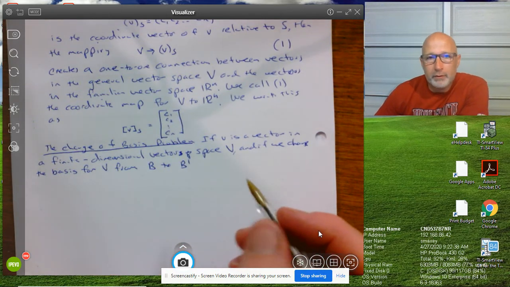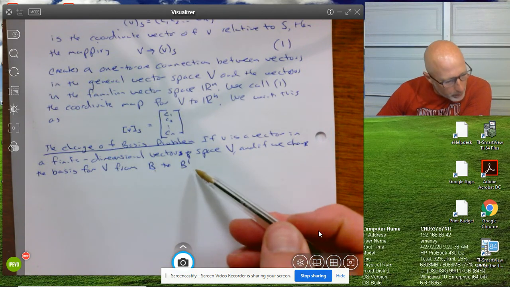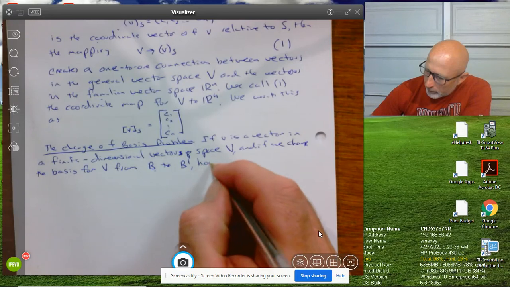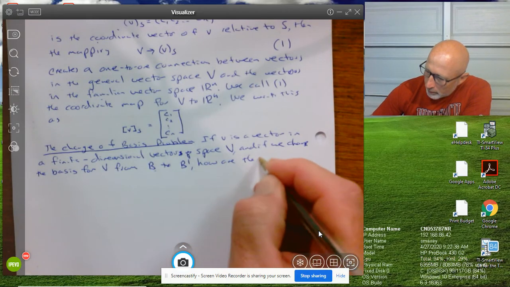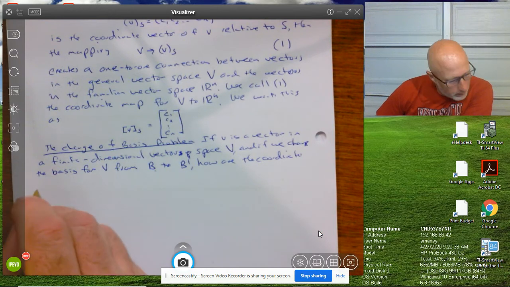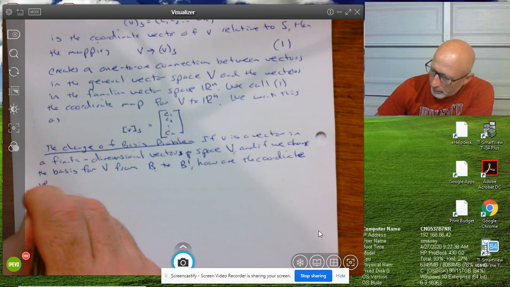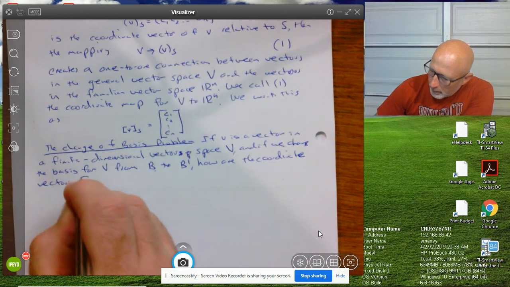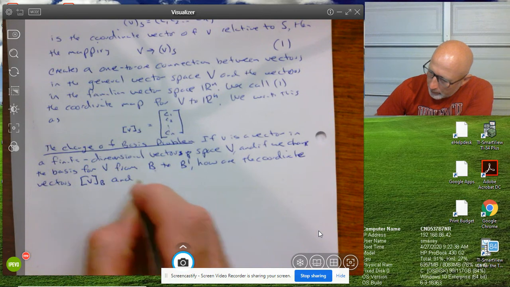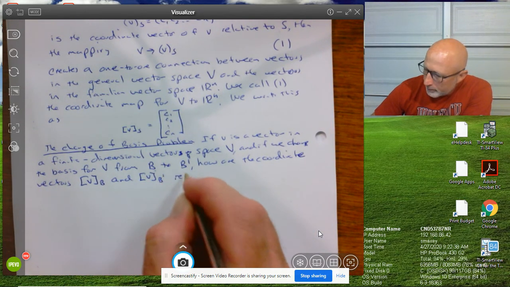So once again, you have this vector space defined under basis B, and we're switching it over to B prime. How are the coordinate vectors V under the basis B and V under the basis B prime related?